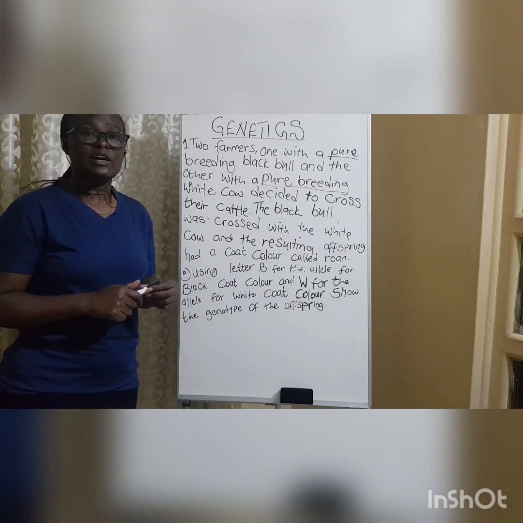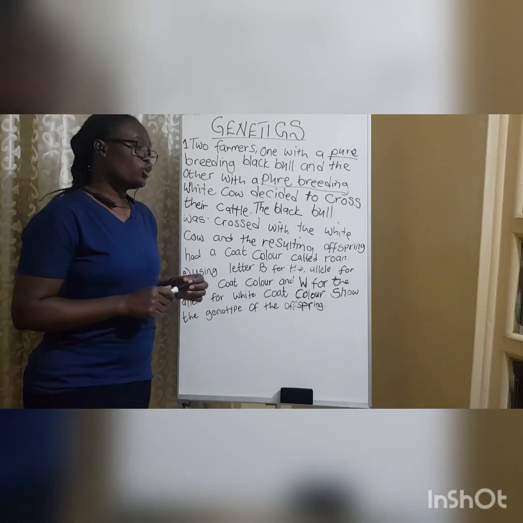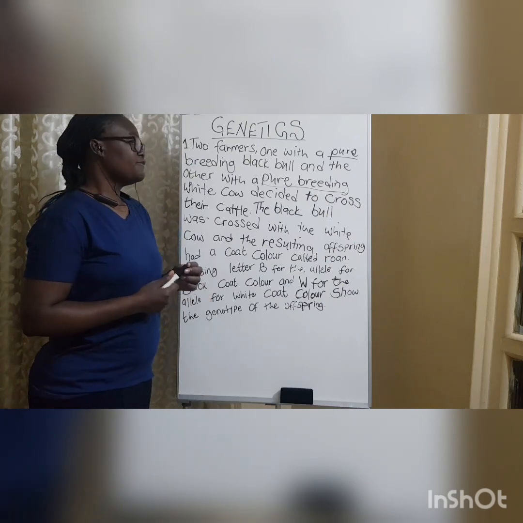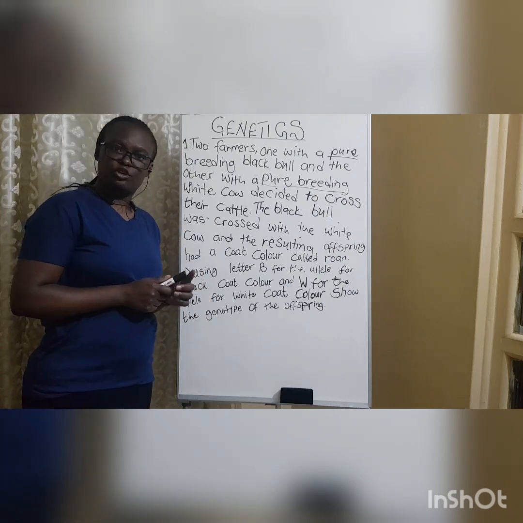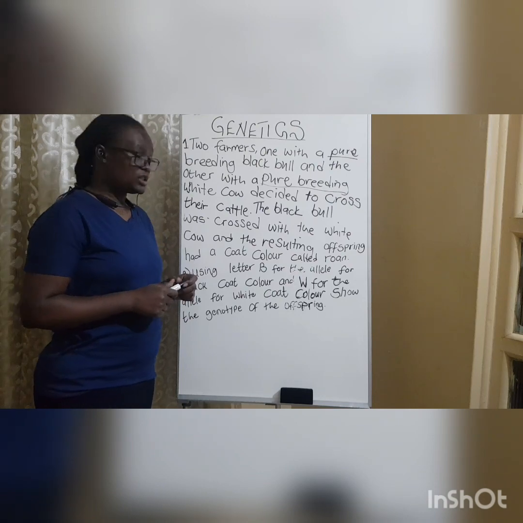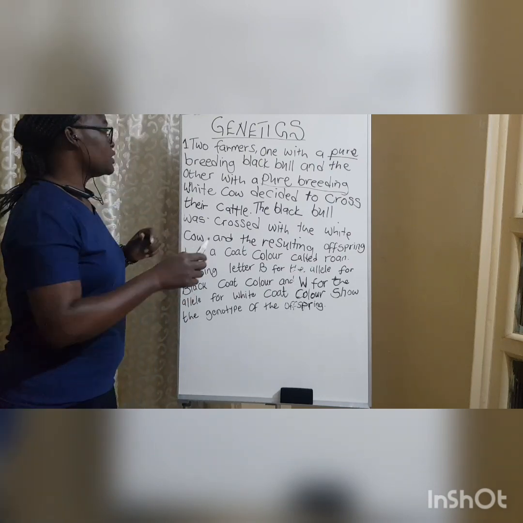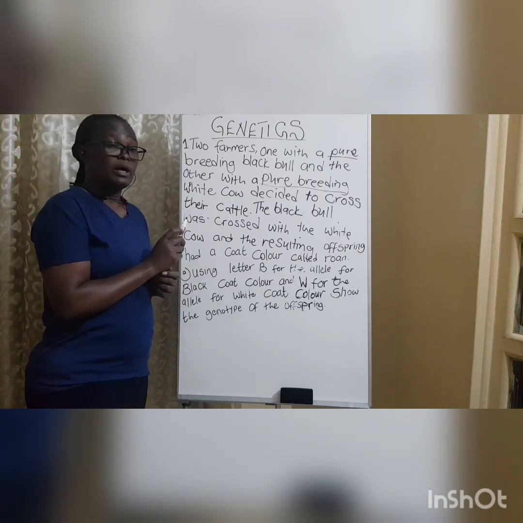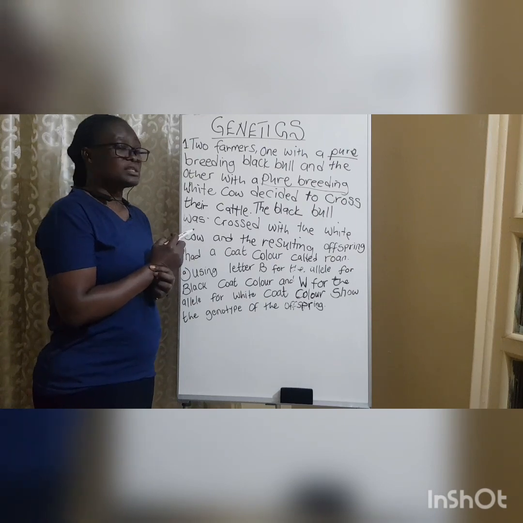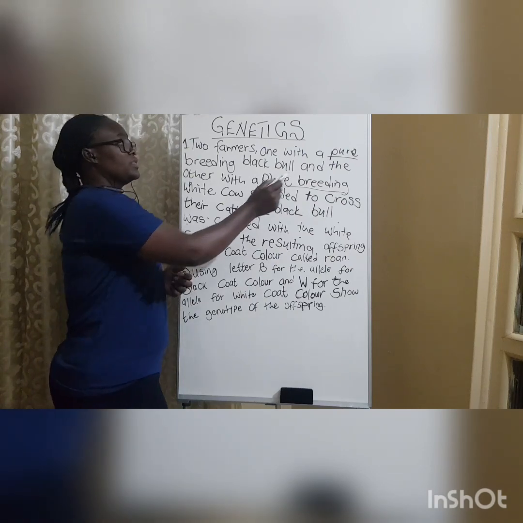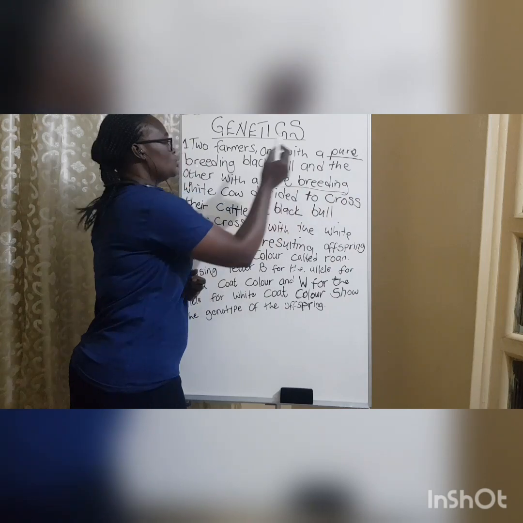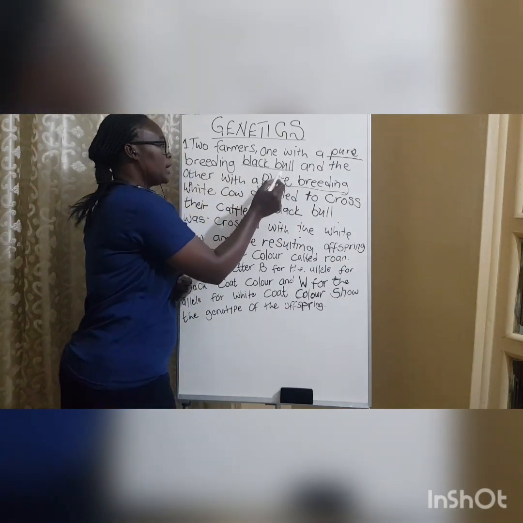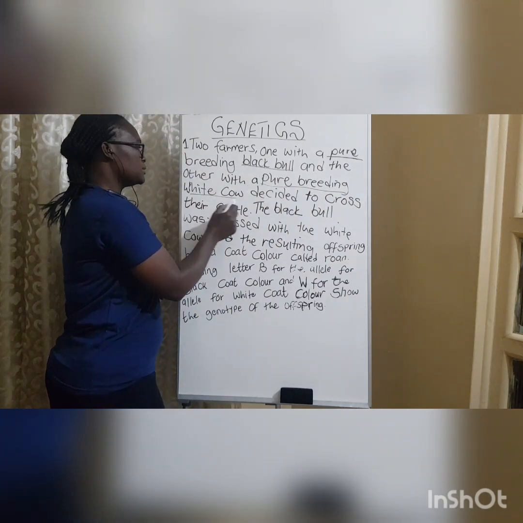So there are several factors that you need to note before you do the diagram for you to be assisted and for you to come up with the correct answers. First of all, they have told us that the two cattle that are being crossed are both pure, black bull and pure white cow.